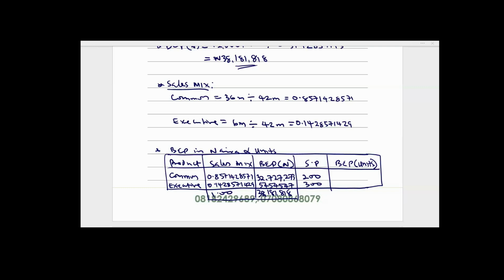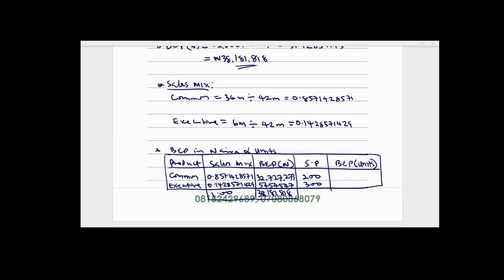Let me confirm this one first. 0.857142857 plus 0.1428571 equals 1. It's correct now. So maybe I made a mistake when I was multiplying.